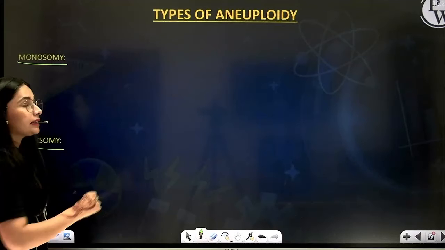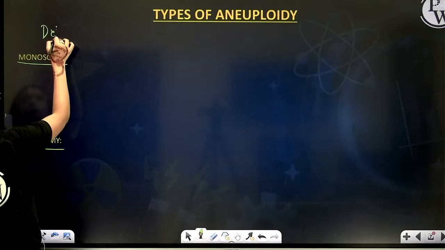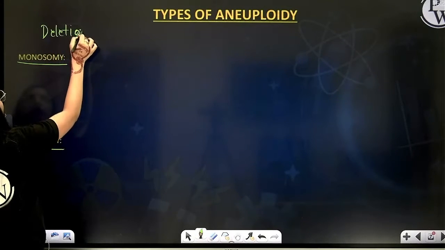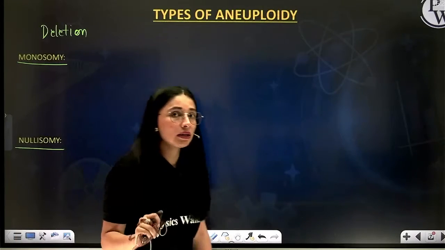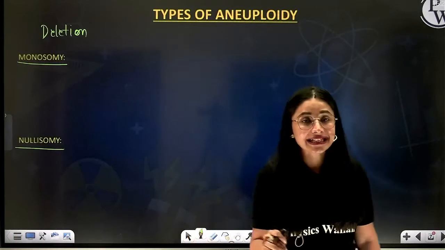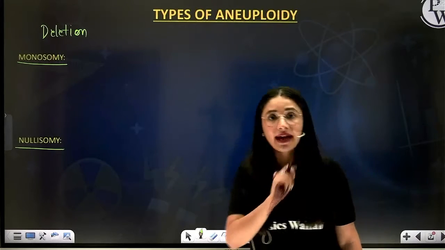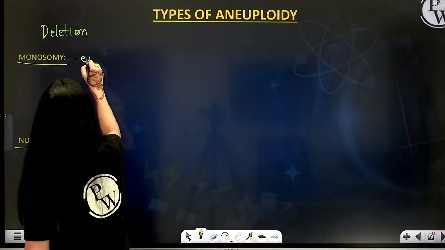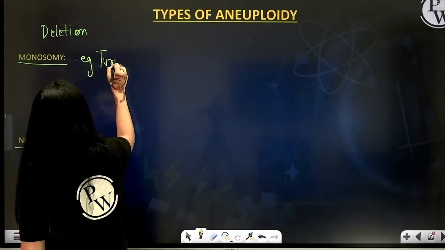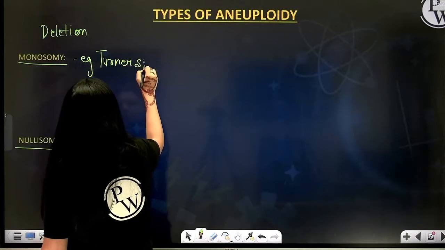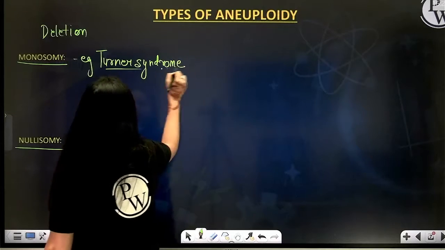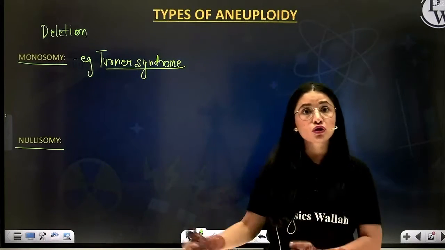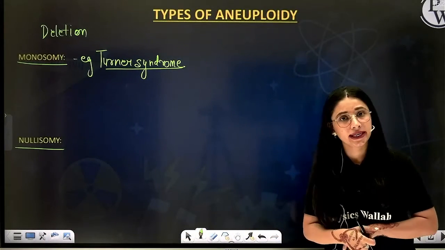First two are the types of deletion aneuploidy under the name monosomy and nullisomy. First of all, the best example of monosomy which is there in your syllabus is Turner syndrome. But before I tell you something about Turner syndrome, let me tell you what is monosomy type of deletion aneuploidy.